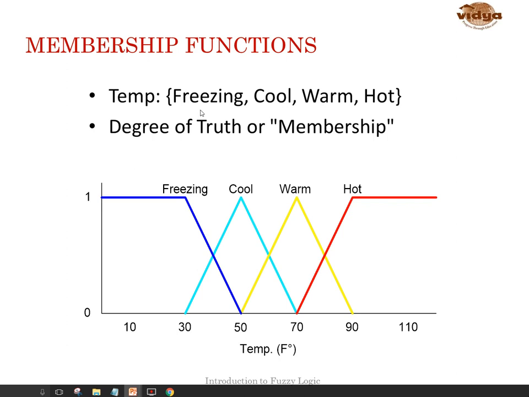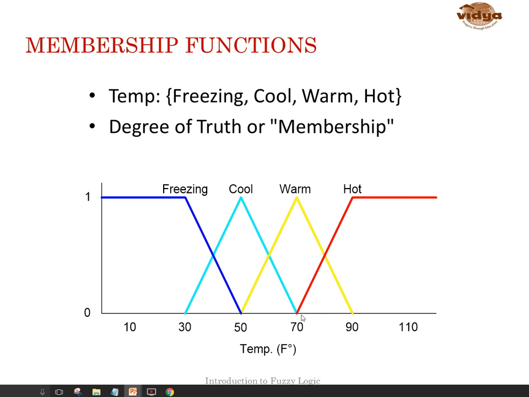Membership functions here with respect to temperature: freezing, cool, warm and hot. If we take a freezing range of 10 to 50, freezing also has a part of cool, so we can take 30 to 70 as a cool range, and 50 to 90 as a warm range, and beyond 70 is a hot range.